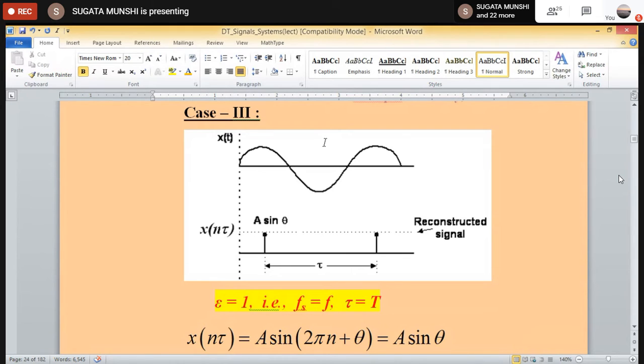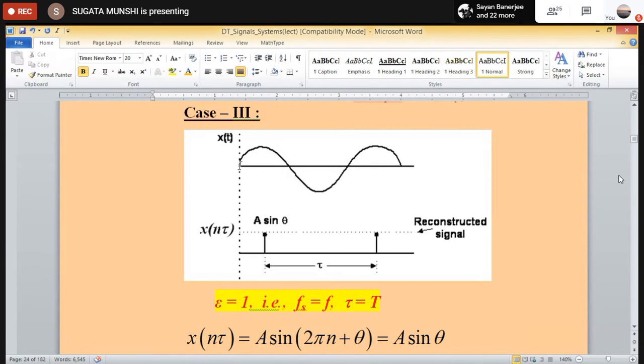Here one thing is also important. Just refer back to the sampling instant where we started. This is the instant t0, small t0. If I had started the sampling at zero crossings, what would have happened? All sample values would have been 0.